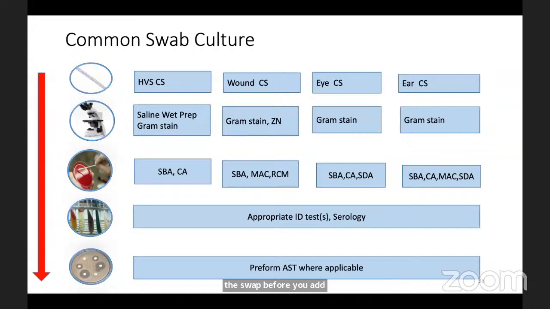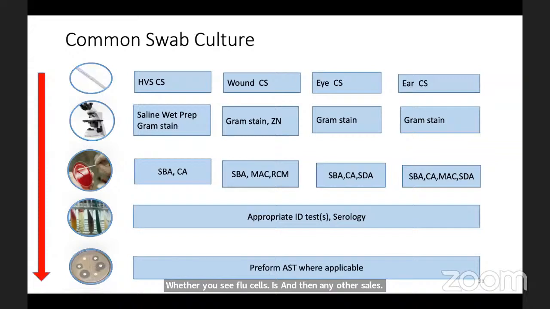But if you have two swabs, you can use the first one for RE and the other one for the culture. So for the RE, we are looking for parasites, candida cells, whether you will see clue cells, which are indicative of Gardnerella vaginalis, and any other cells that will help diagnosis, your white cells.